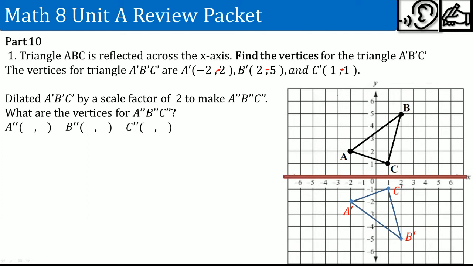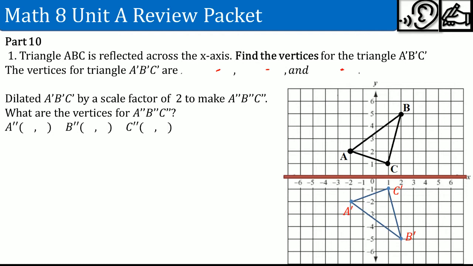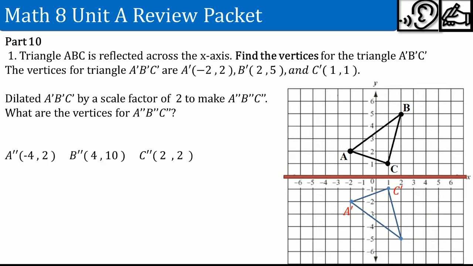So here, what you need to do is now, A prime was negative 2, negative 2, B prime was 2, negative 5, C prime is 1, negative 1. So you have to multiply by 2.